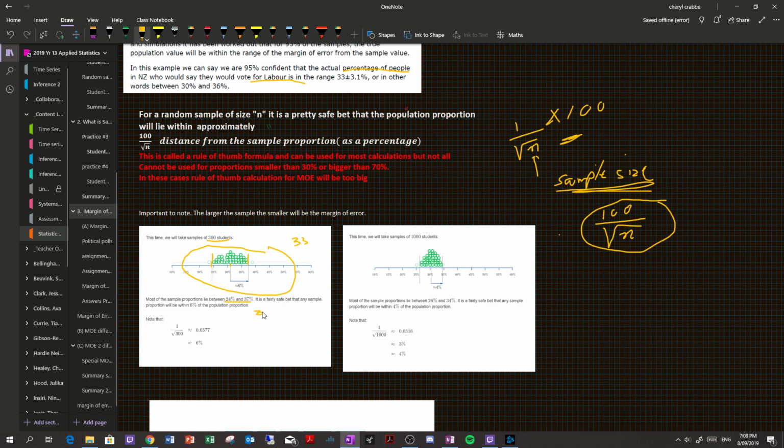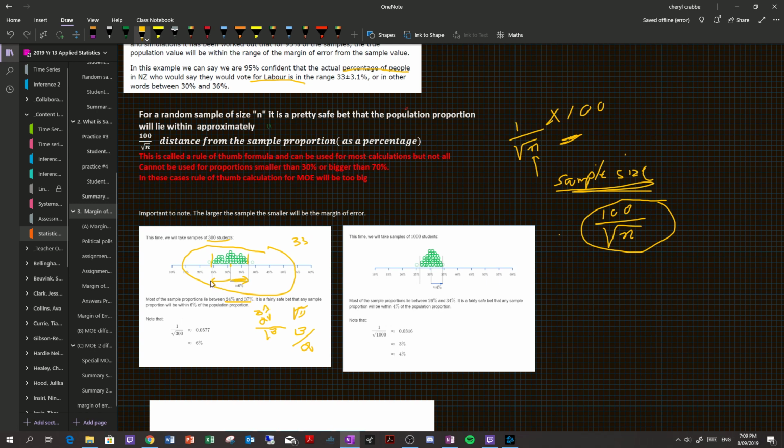Okay? And so that's sort of a range. If you go 37 subtract 24, that's a range of about 13, right? So if you take 13 and you divide it in half, you're going to get about 6.5, somewhere around there. So basically you're saying that with this particular sample, the sample proportion will be within 6%.